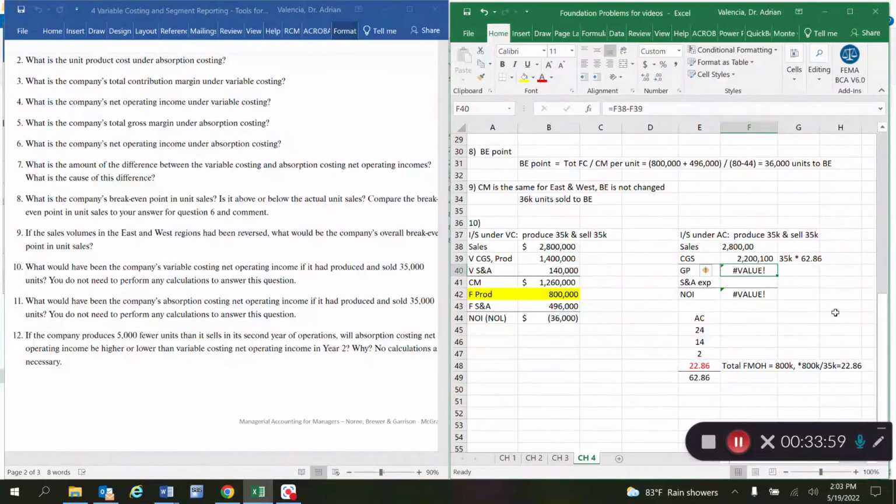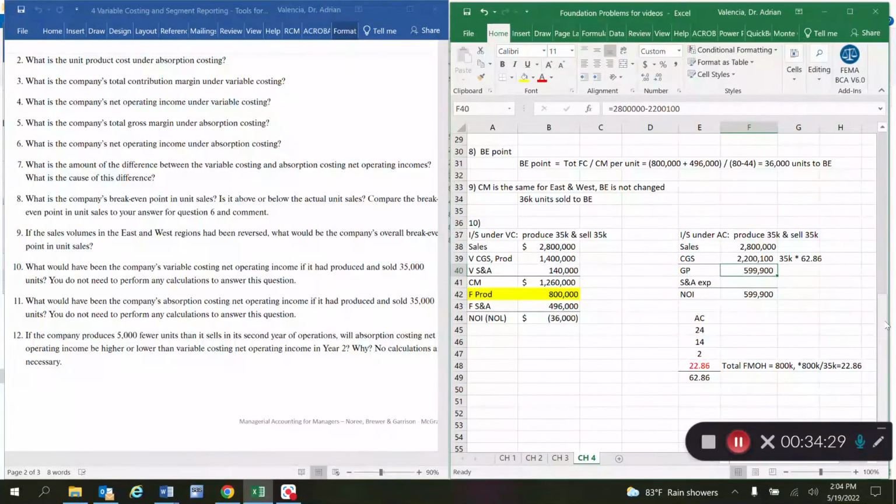Of course, that's not going to work. Equals, there's probably a format issue somewhere. Oh, I see what's going on. There should be another 0 here. No, that doesn't look right. Okay. So we're going to do 2,800,000 minus 2,200,100.